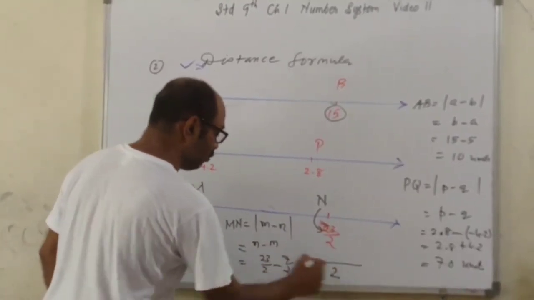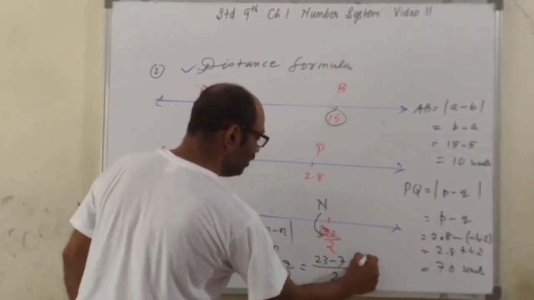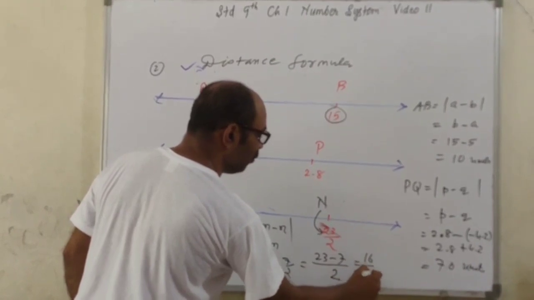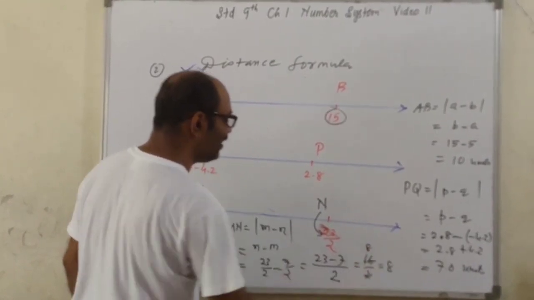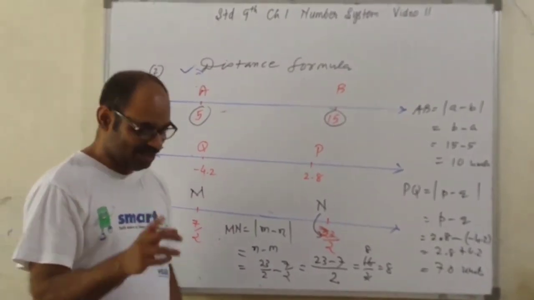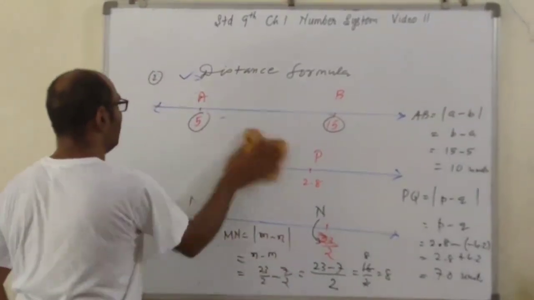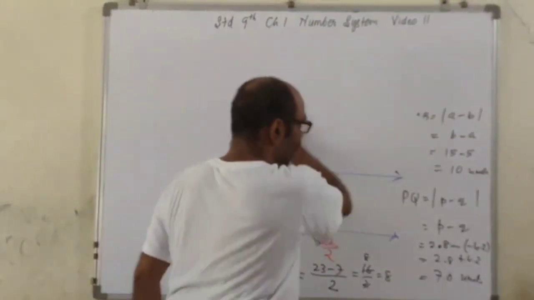Like denominator, so 23 minus 7, and that is how much? 16 upon 2. 2 eights are 16. So 8. So what is the distance between these 2 points? 8 units. Are you getting me? Sure? Understood? So that is about the distance formula. All right.